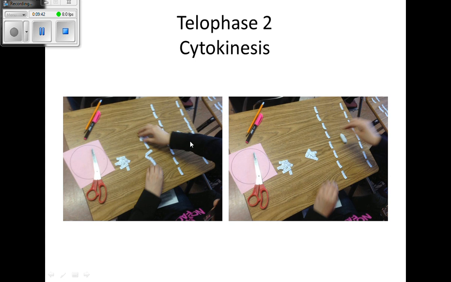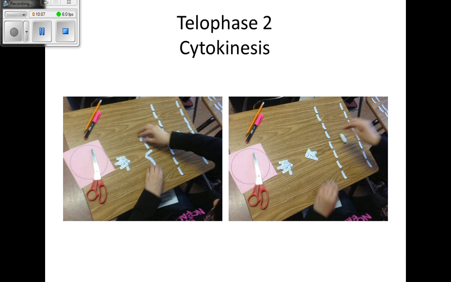And since this is telophase 2, we're going to combine those chromosomes together to show that we have 4 cells as a result of meiosis. So you can see in the picture that somebody is taking those lines of chromosomes that they separated and making 4 piles of cells.